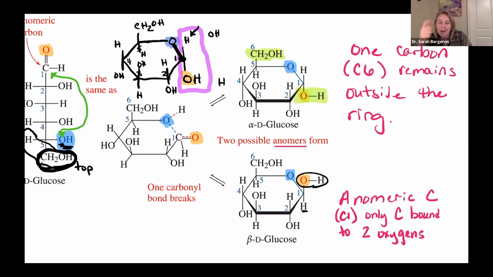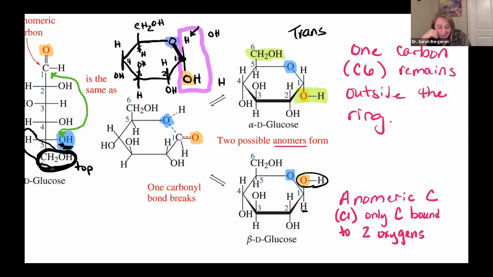So if they're on opposite surfaces of the ring, remember, what did opposite mean? Opposite is trans, but we don't call it trans in this case because it's not a double bond. We actually call it alpha and beta.